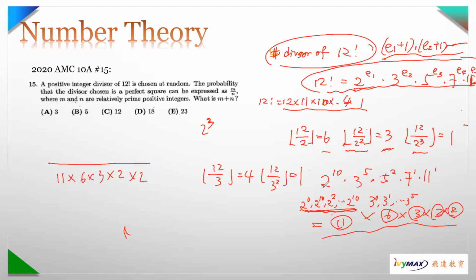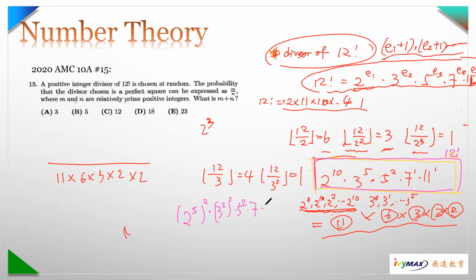So in that way, if you go back and check the factorization of your 12 factorial, I can see that I can choose 2 to the 10, which is a power, we can have a square, and this one 3 to the 5, 5 squared, times 7, and 11. That is just to the power 1, right?